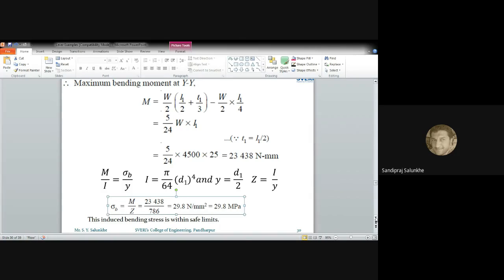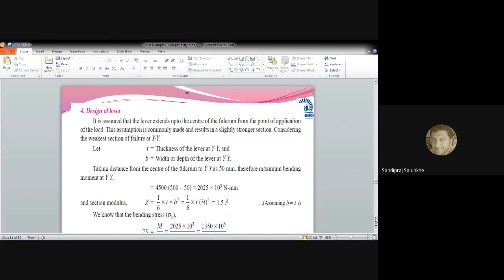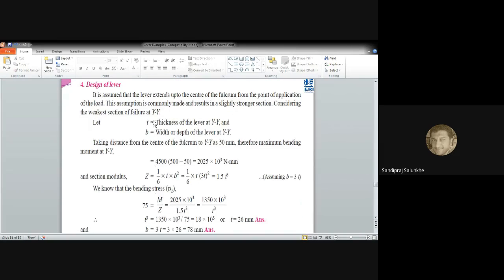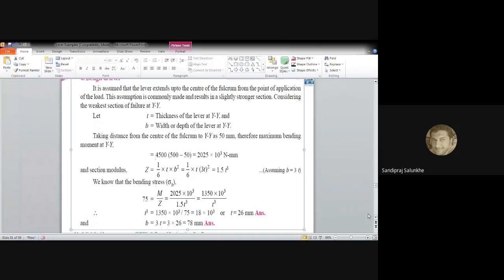So for all three pins we have calculated the dimensions. Now we have to calculate the dimensions of the lever. For the lever, we are going to consider T as the thickness and B as the width of that lever.